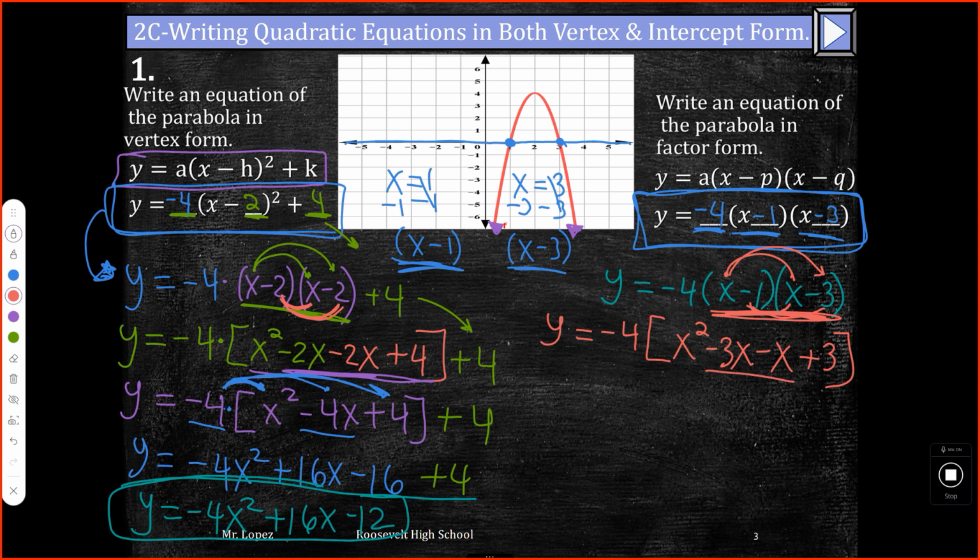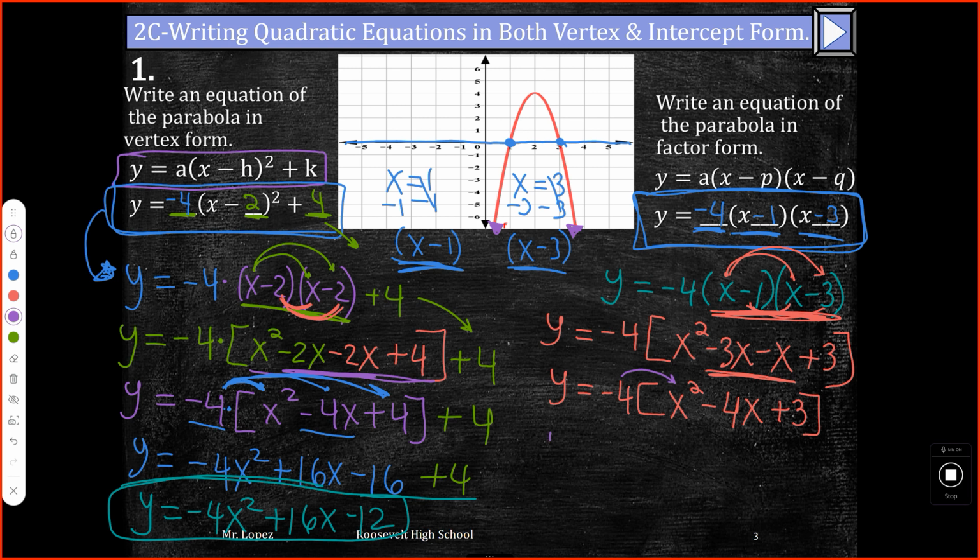We can combine like terms here. So we got y equals -4. Keep the brackets. x squared, -3x and -1x make -4x. And we got a +3. Now we can distribute the -4.